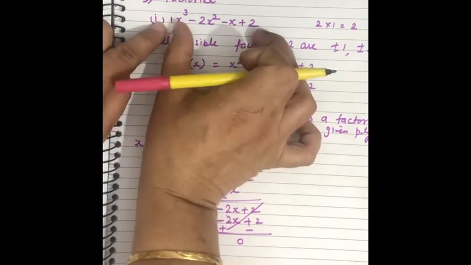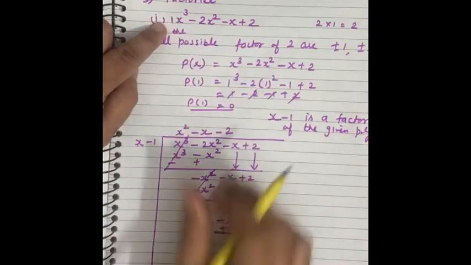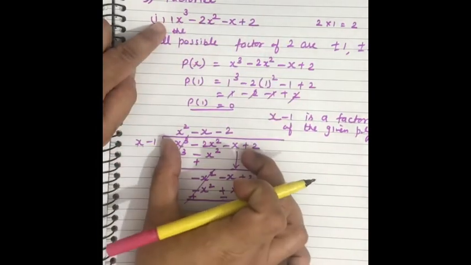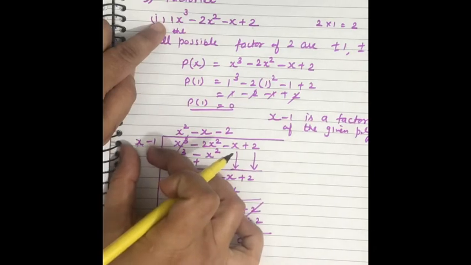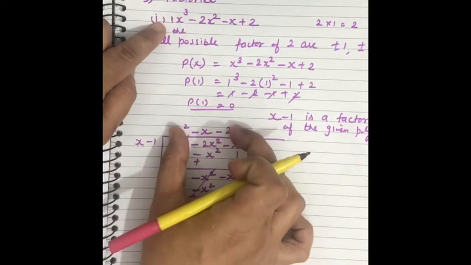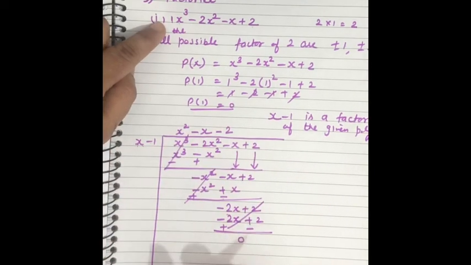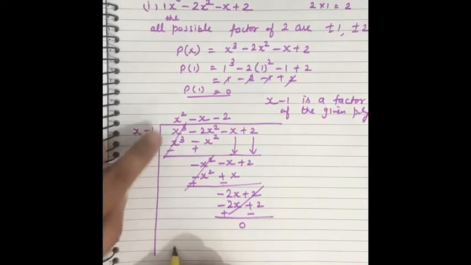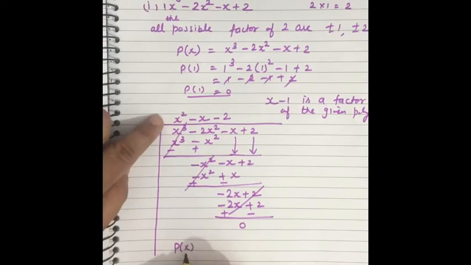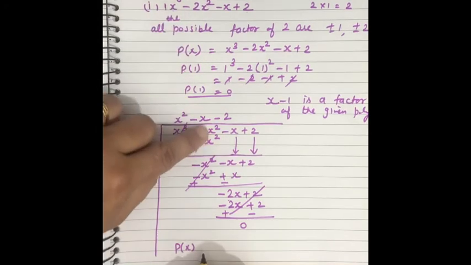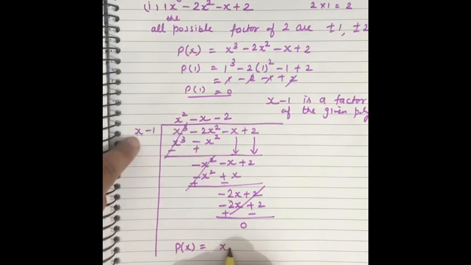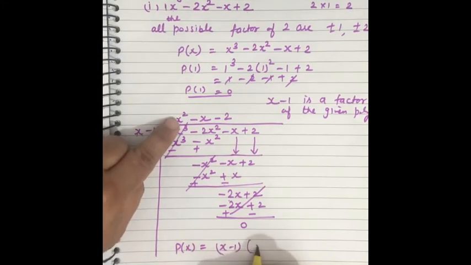Now we have to factorize this polynomial. This is our dividend. So dividend I can write as divisor into quotient plus remainder. Apply the division algorithm here. Therefore p(x) can be written as x minus 1 into x square minus x minus 2 plus 0.